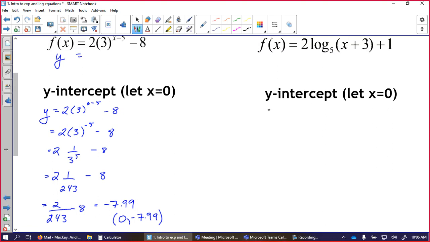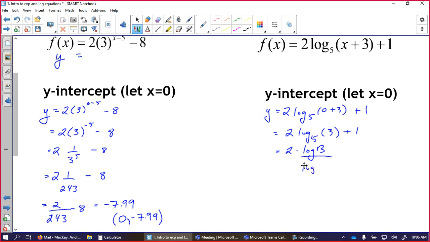Let x equal 0. y equals 2 log base 5 of 0 plus 3, plus 1. That's 2 times the log base 5 of 3, plus 1. Now we kind of have to evaluate that. 2 times log 3 over log 5, plus 1.